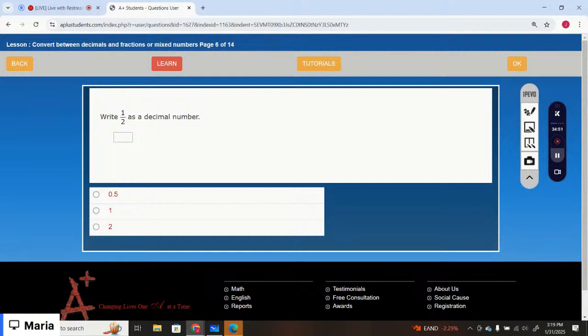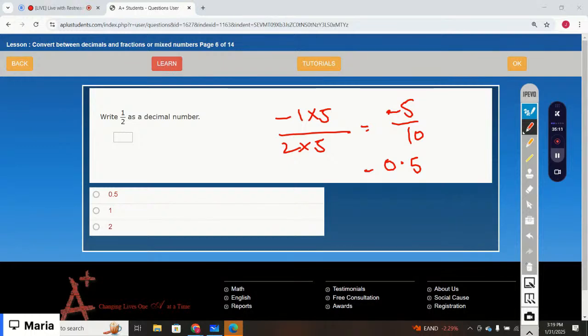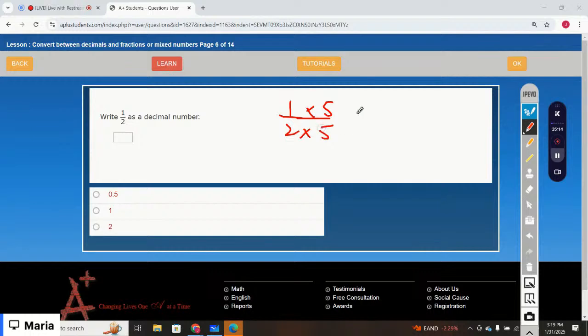Write 1 by 2 as a decimal number. So you have to make the denominator equal to 10. So you have to multiply the fraction by 5 because 5 times 2 is 10. That is 5 over 10. So you have 10 in the denominator. You can write it as 0.5.